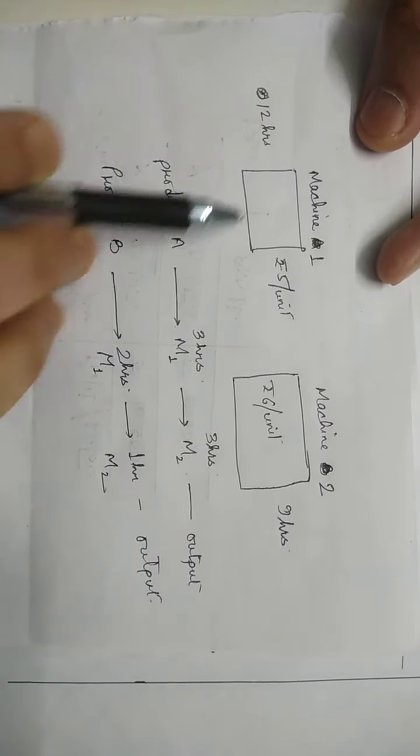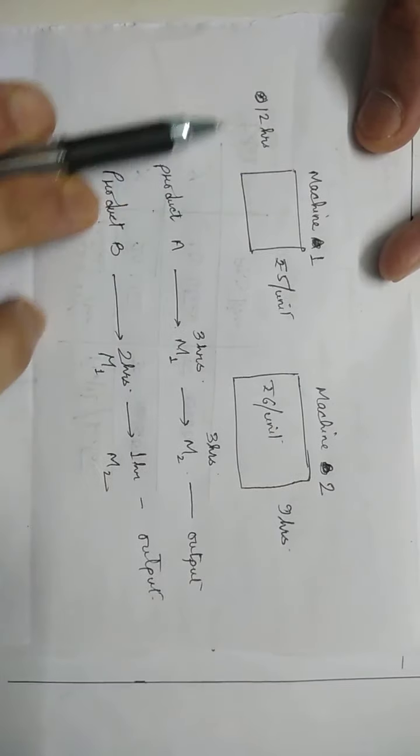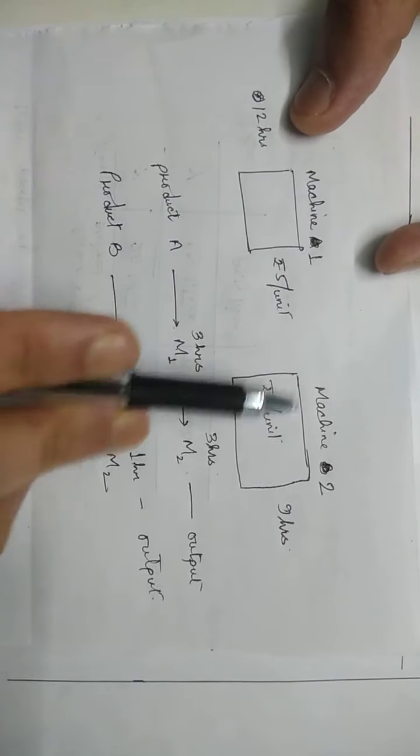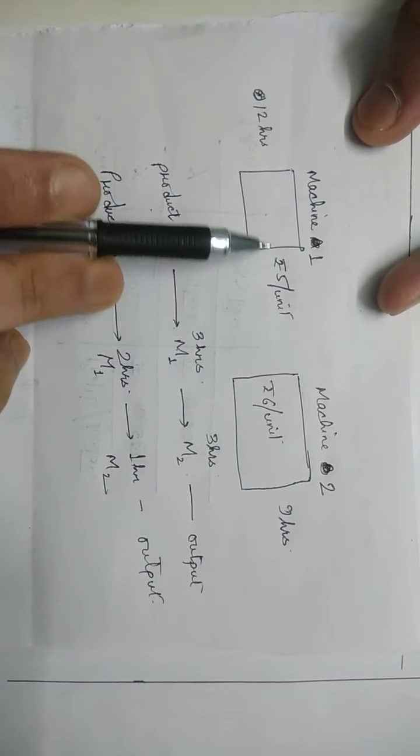Here I have drawn 2 machines, machine 1 and machine 2. Machine 1 every day will work 12 hours and machine 2 every day will work 9 hours. Understand this.